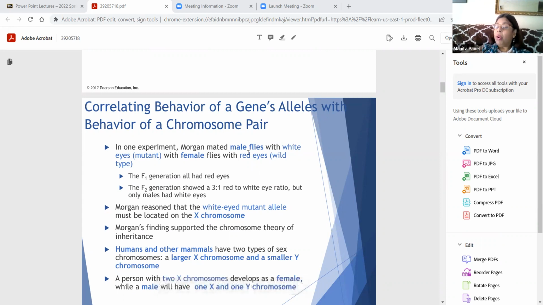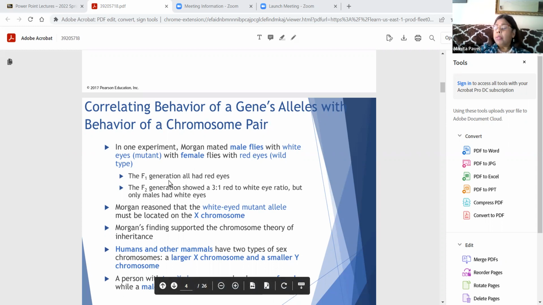And as you saw in the previous chapter in Mendelian genetics, we worked on monohybrid crosses, and we saw that the ratio in a monohybrid cross is always 3:1. So how did he prove this 3:1 cross in his experiment with the fruit flies?